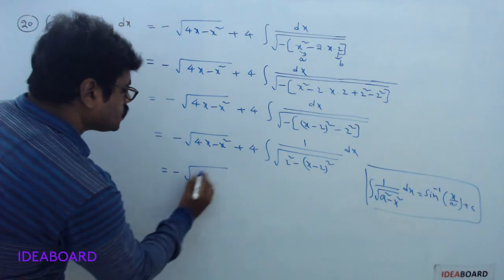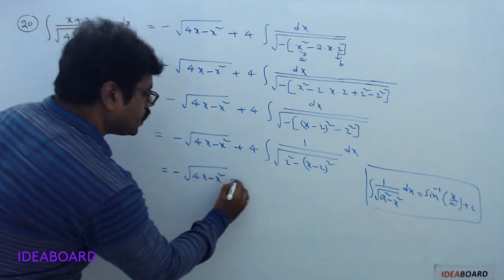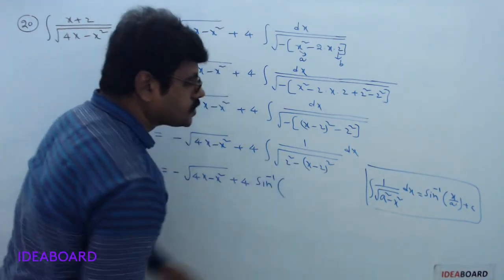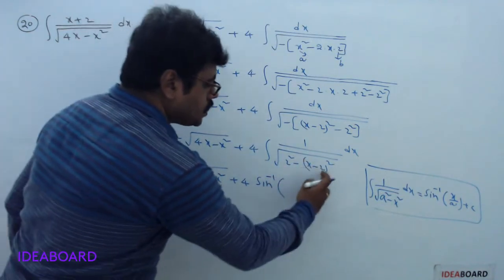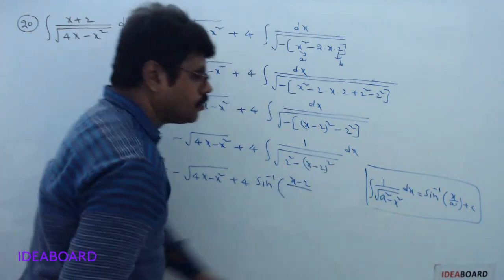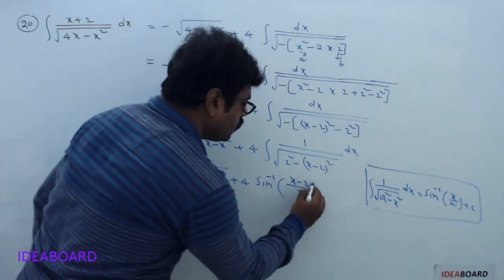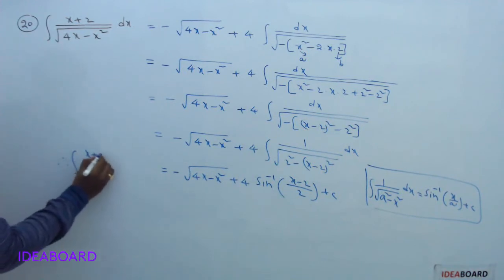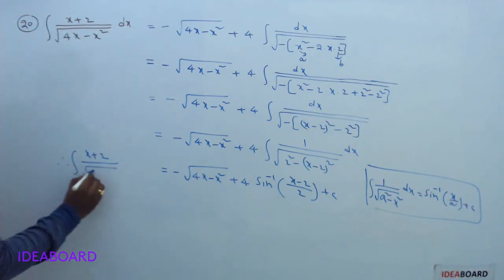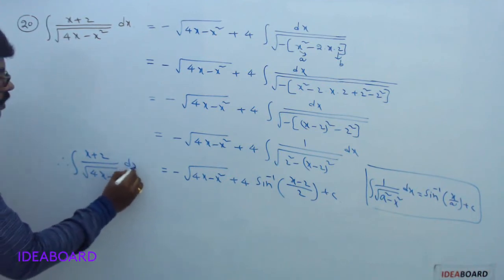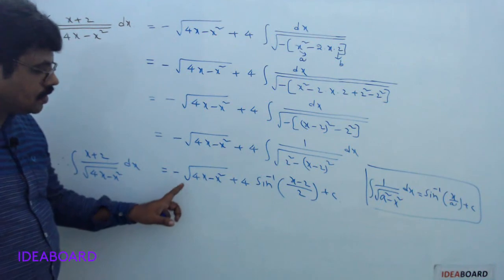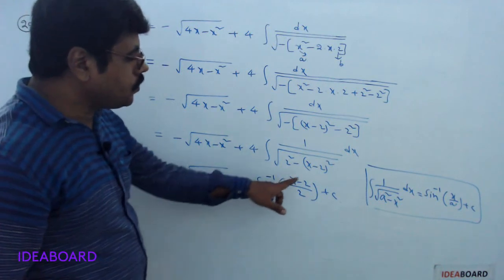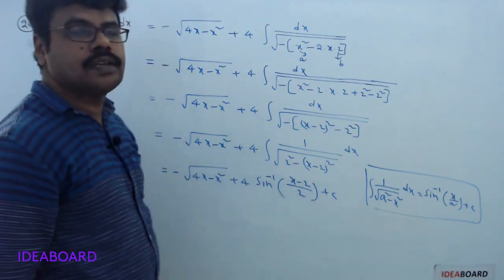Now this is minus square root of 4x minus x square plus 4 into, what is the formula? Sin inverse of x divided by a. Here x is x minus 2 divided by a value 2 plus some constant c. So therefore integral x plus 2 divided by square root of 4x minus x square dx equal to minus square root of 4x minus x square plus 4 into sin inverse of x minus 2 divided by 2 plus a constant of c.